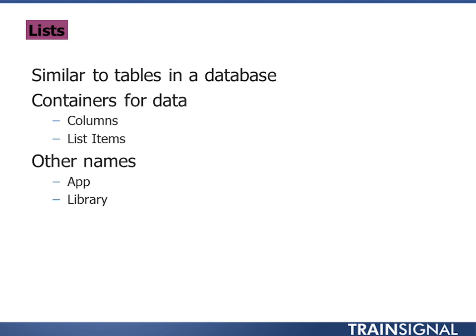Now, my list can go by other names that, like I mentioned before, more generically, my list is an app. And my list can also go by the term of library for more specific types of lists, like a document library. You'll notice, however, that I'll continue just to use the term list because I find that that causes the least amount of confusion.